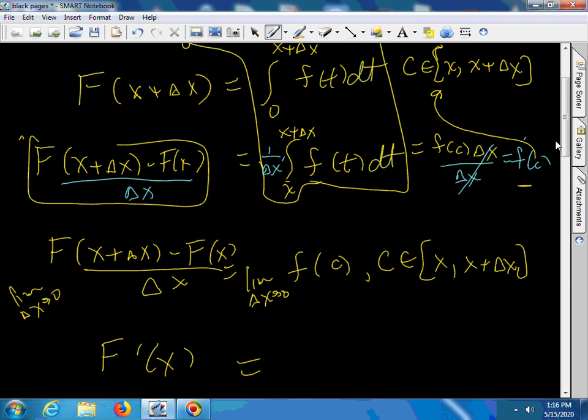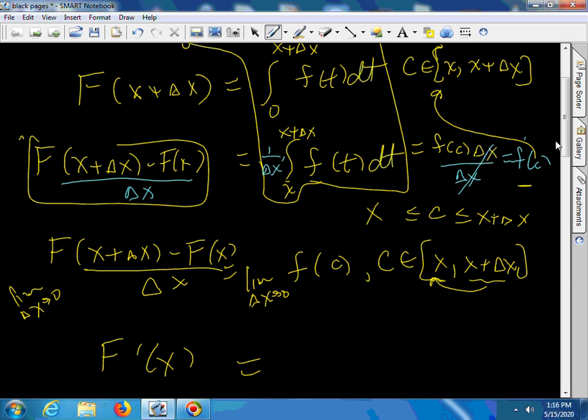And on the right side, if delta x is going to 0, then x plus delta x is going to x. And c is sandwiched in between x and x plus delta x.